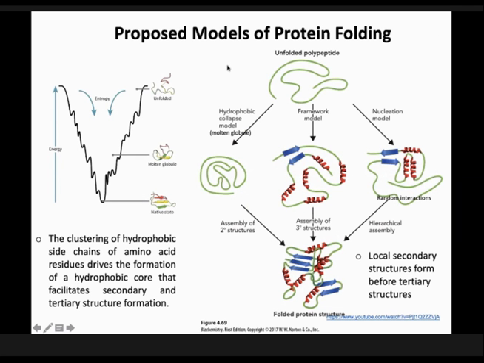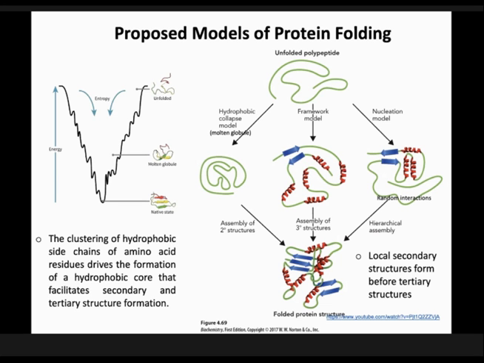Okay. There are several models for folding. One of them, and I'm not going to ask you, there are three. I'm not going to ask you about the framework, etc. Just so you have an idea. Protein folding is essential, absolutely, because that's the way they're going to be active.